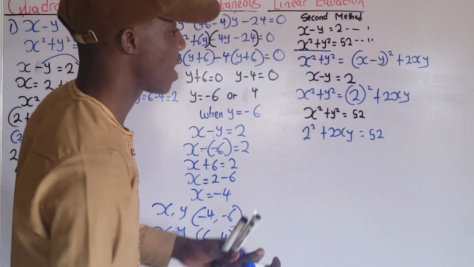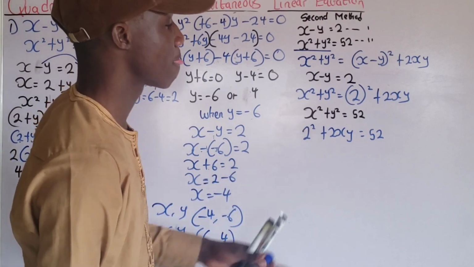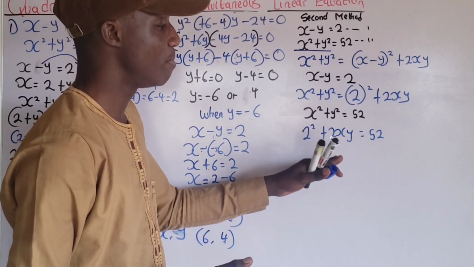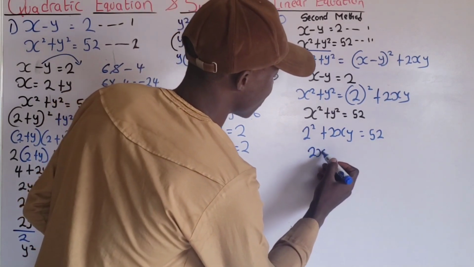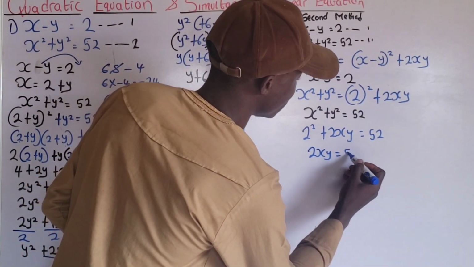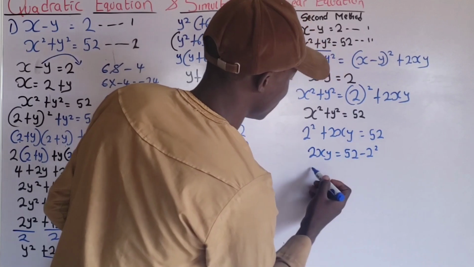Do you understand? Now, from this point, let us make xy the subject of the relation. So I'm going to have 2xy equals 52 minus 2 squared.